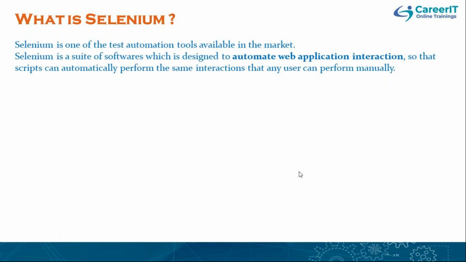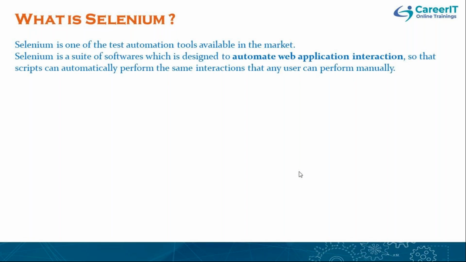Now, what does a Selenium script do? A Selenium script can perform the interactions how a real user performs, guys. Suppose how a real user clicks on a button, how a real user enters some text into a text box, or how a real user fills up a form. In the same manner, Selenium also can do. Suppose I am clicking on a button.